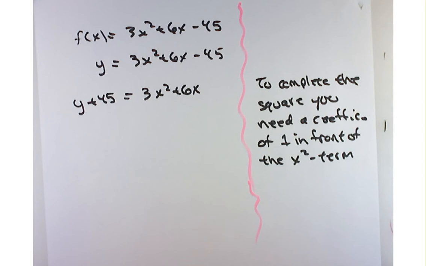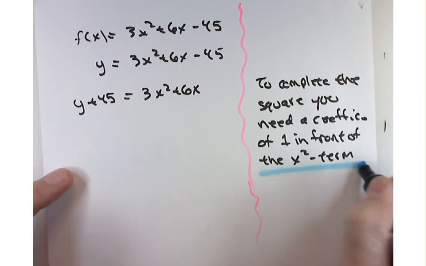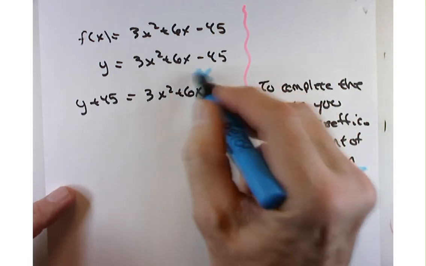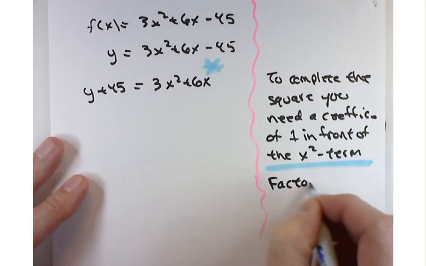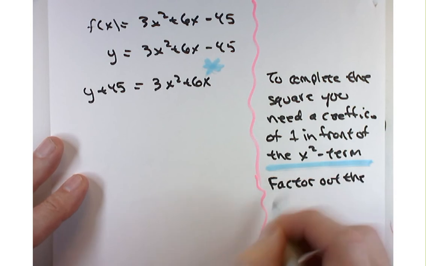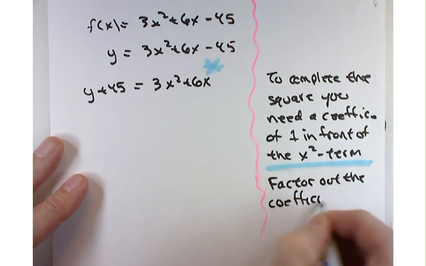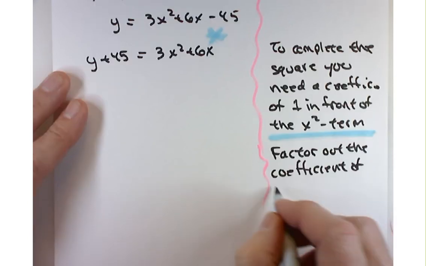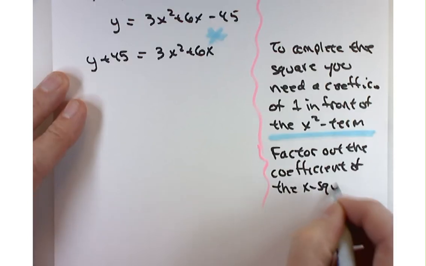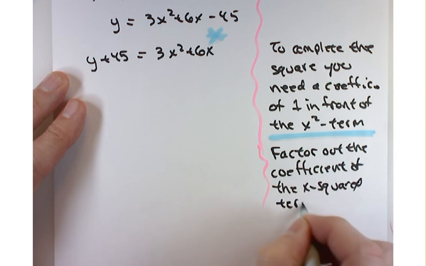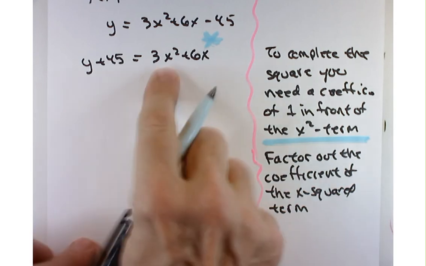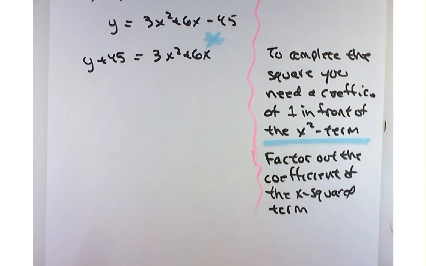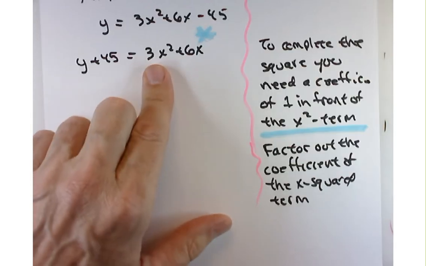So how are we going to change that? Well, factor out the coefficient of the x squared term. Just the coefficient. There's a tendency that you guys have, because you've been doing these math problems for a long time, to factor out the greatest common factor.